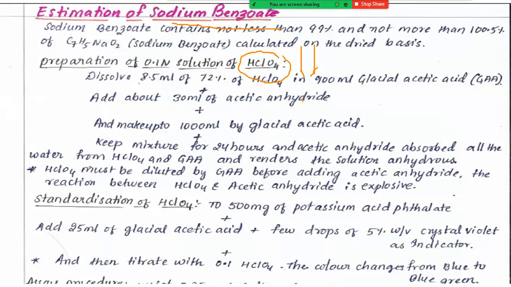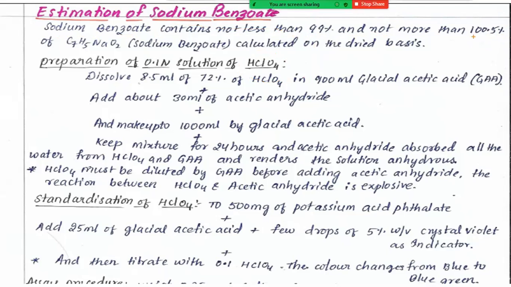Okay. But the important thing here is that sodium benzoate is available in the form of powder, consisting of 99 to 100.5% purity. The percentage of purity of sodium benzoate is 99 to 100.5. Generally students get the doubt: how can we get more than 100% purity?